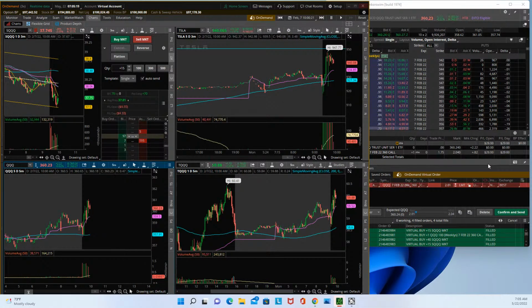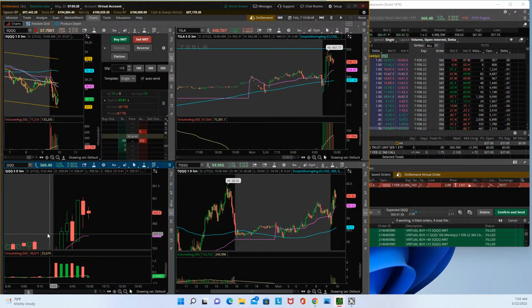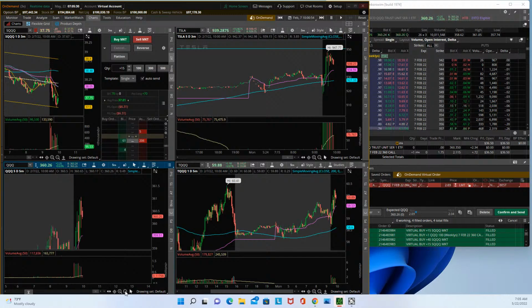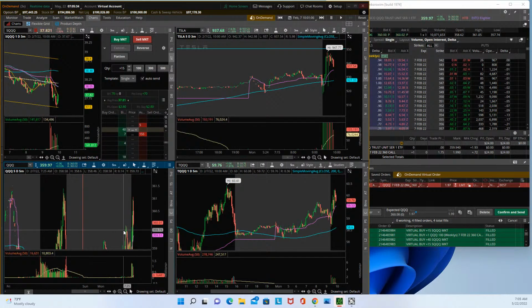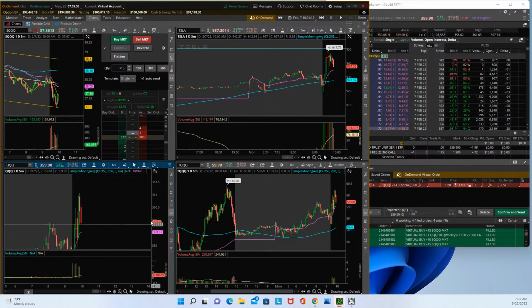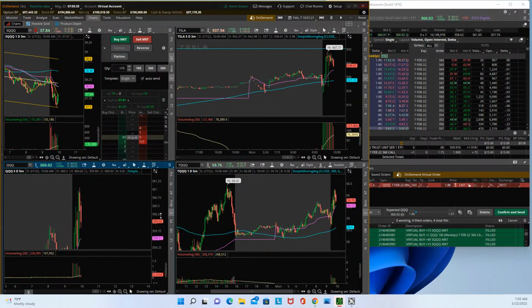So there we go. We're at 10 a.m. and it looks like we may be flagging here again. Now we have these peaks here as kind of support, and we'll see if we get bounces off of them.